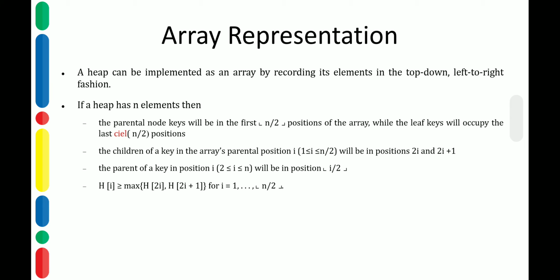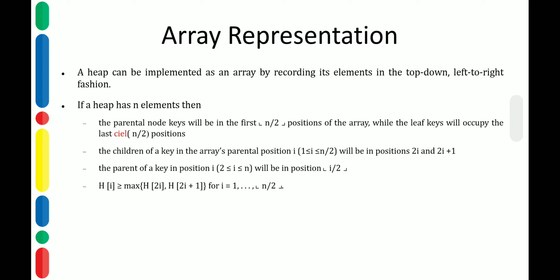Array representation. So far, whenever we represented trees, we made use of the linked list representation. Even in the case of AVL trees, we had such a representation. However, a heap can be implemented as an array.